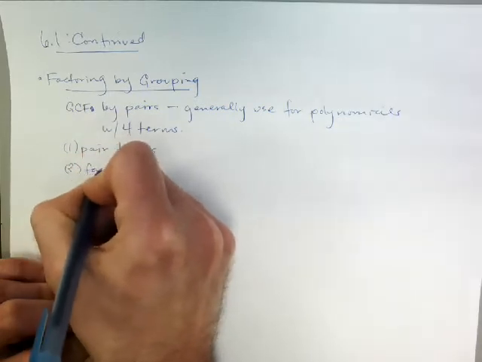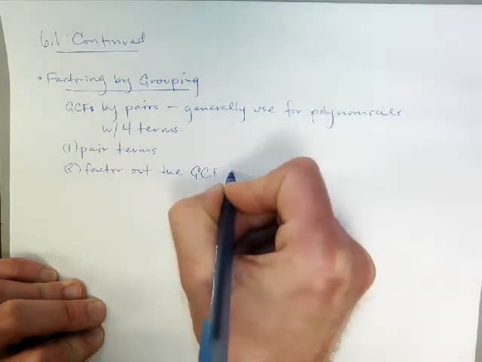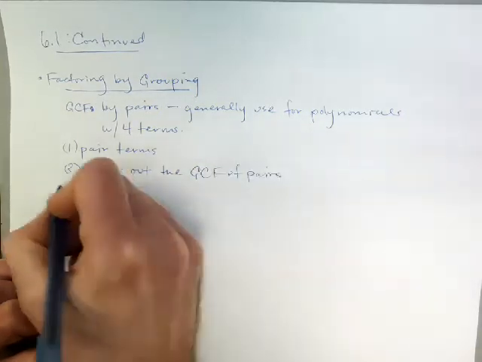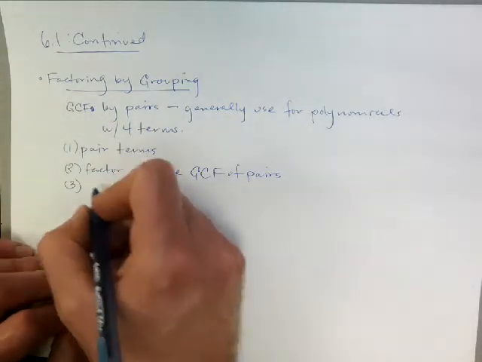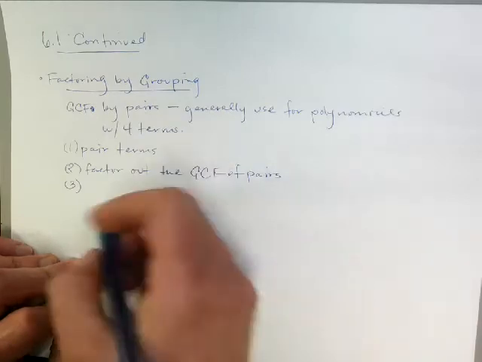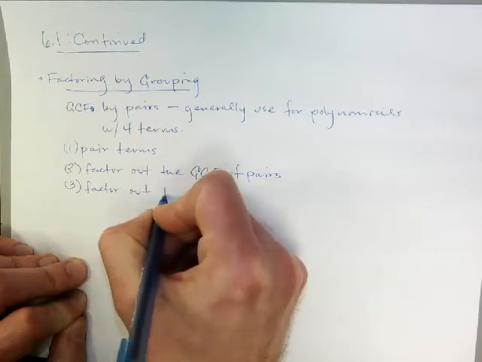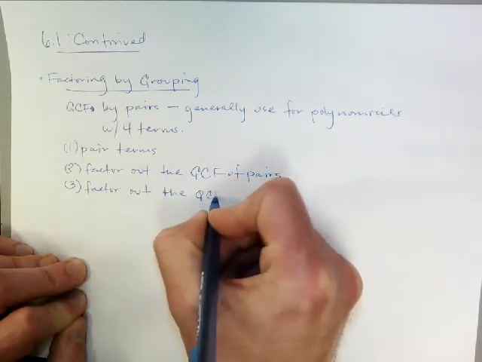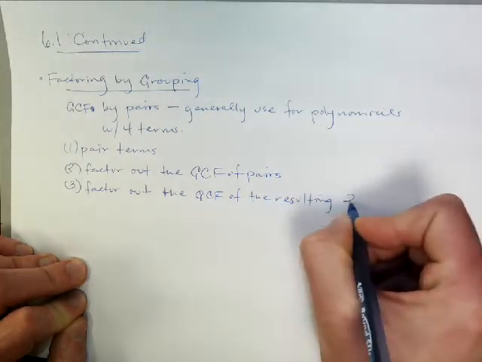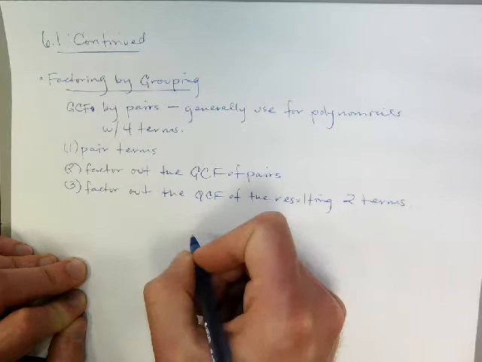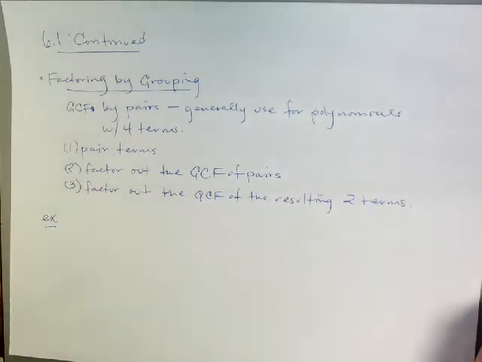Factor out the GCF of pairs. So the 2 terms in the pair will have a GCF, and then we will factor out the GCF from the next set of terms. So factor out the GCF of the resulting 2 terms. Okay. So let's just look at some examples to see how this works.